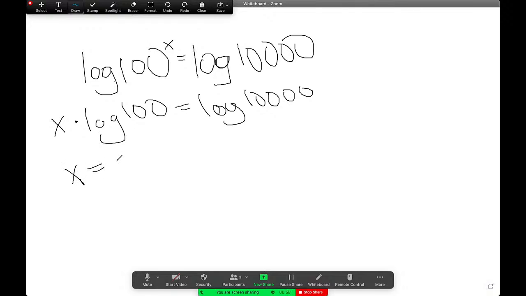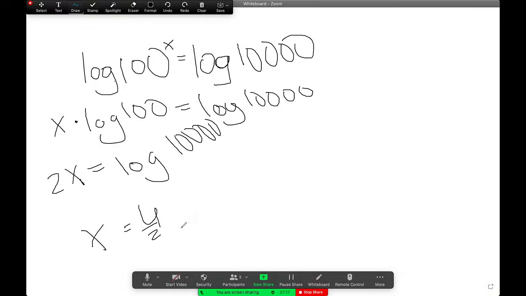So x is 2. Let's say this is log base 10 of 10,000. You see that there are 4 zeros, so that means it's just 4. So if you're choosing 4, then x is equal to 2. Yeah, that's how you would solve it, basically.